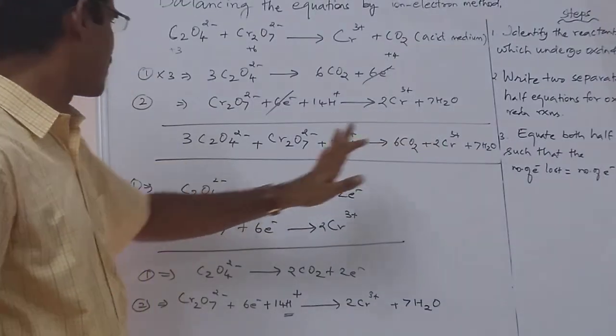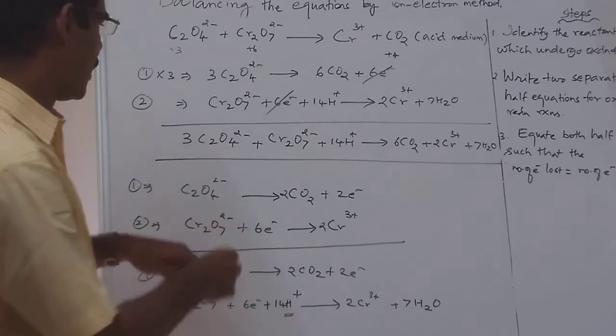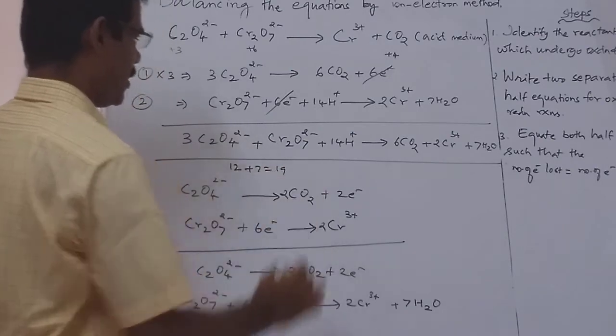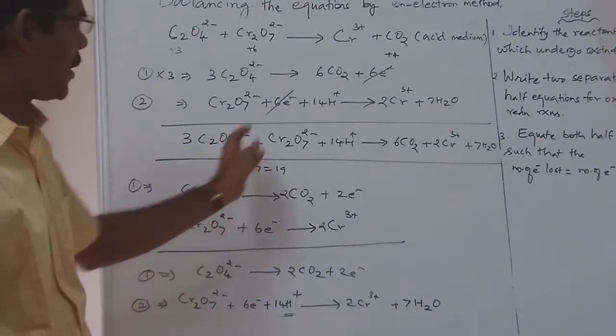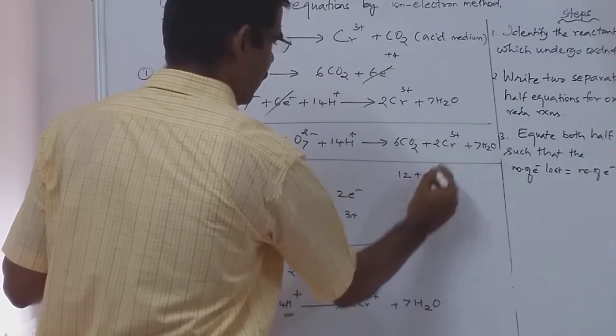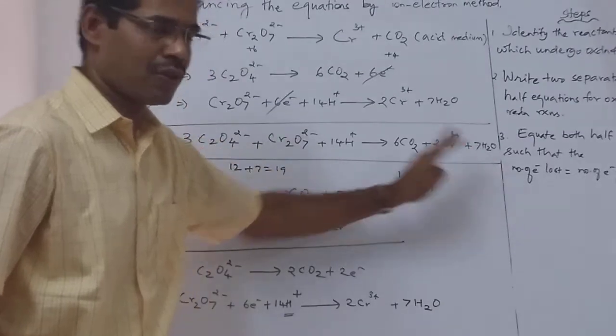So carbon is balanced. Oxygen வாங்க, oxygenல 3 into 4, 12 இருக்குங்களா, இங்க 12 இருக்கு, இங்க ஒரு 7. So totally we have 19 oxygen atom on the left hand side. Right sideல பாருங்க 6 into 2, 12 plus ஒரு 7. So again we have 19 oxygen atoms on the right hand side. So oxygen is also balanced.